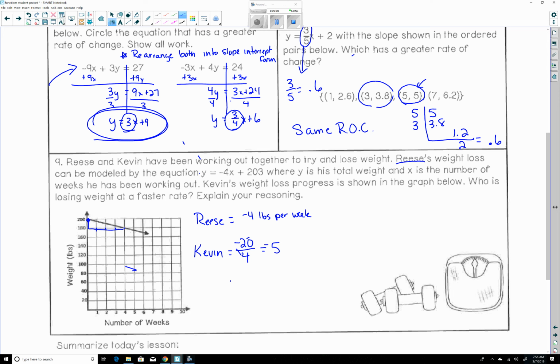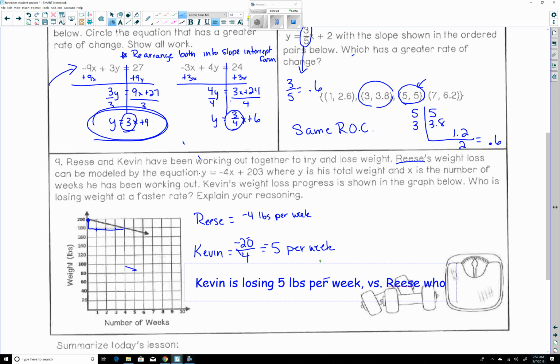So he is losing 5 pounds per week. So who's losing at the faster rate? That would be Kevin, versus Reese, who is losing 4 pounds per week.